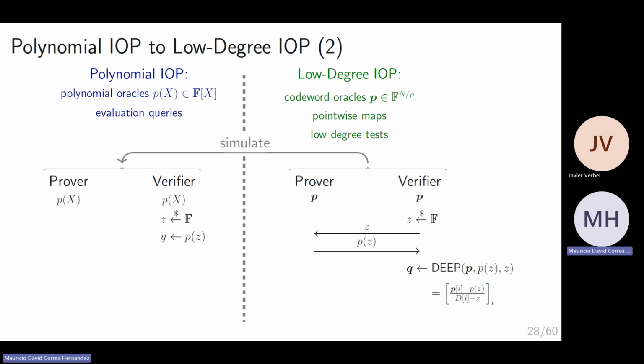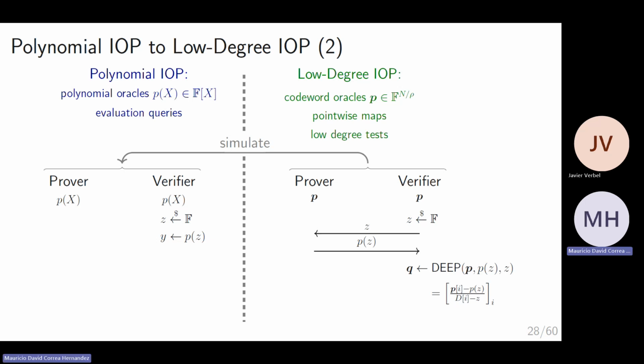And then the verifier defines a new code word using a pointwise map. The verifier doesn't actually compute this map because that would take too much time, but he can define it without having to compute it in every point of the code word.